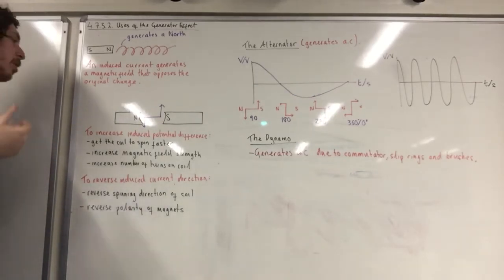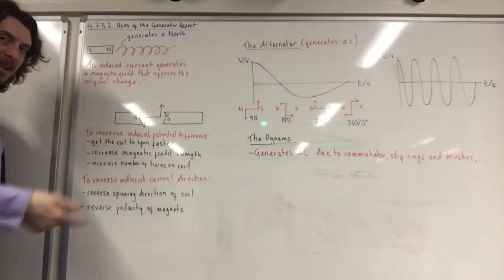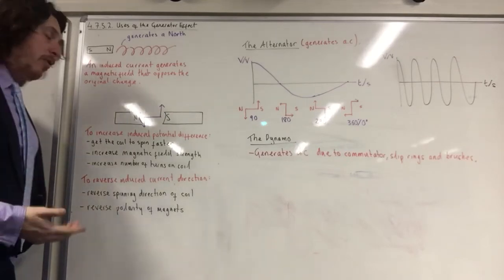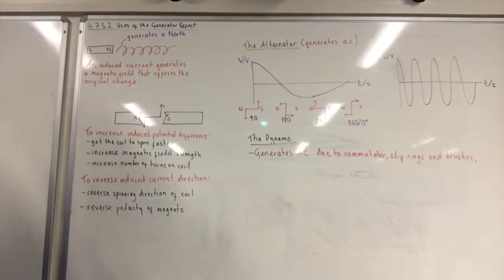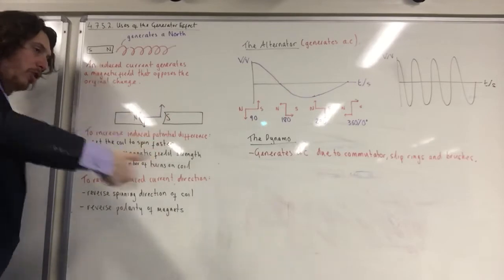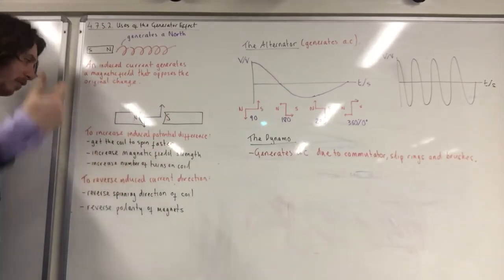Right, okay. So moving on from that, what we talked about is how, if we cut through magnetic field lines, that induces a potential difference, and if it's part of a complete circuit, then current will flow around the circuit. So if we have a north and a south, and we've got a coil spinning round, then that will make a potential difference.